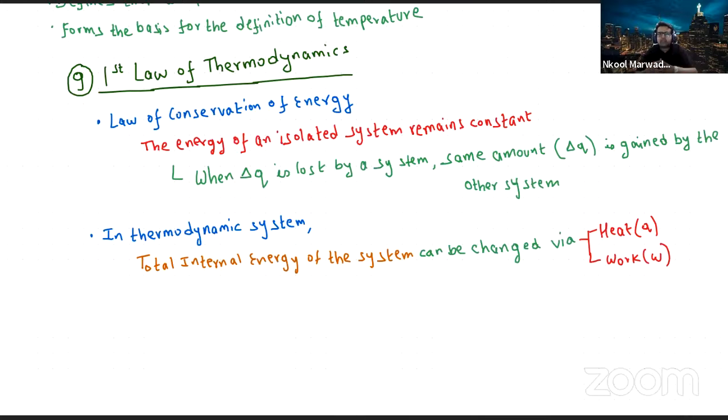In a thermodynamic system, that energy is the total internal energy of the system. Now, we should know how I can alter the total internal energy of the system: either by altering the heat content or by work.